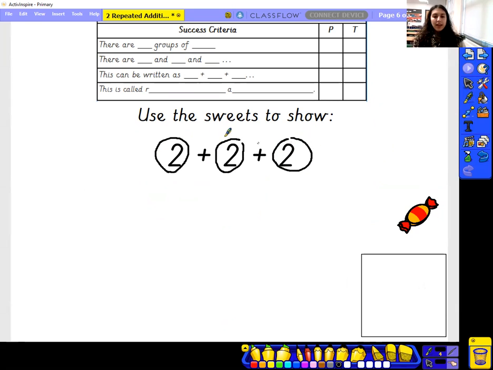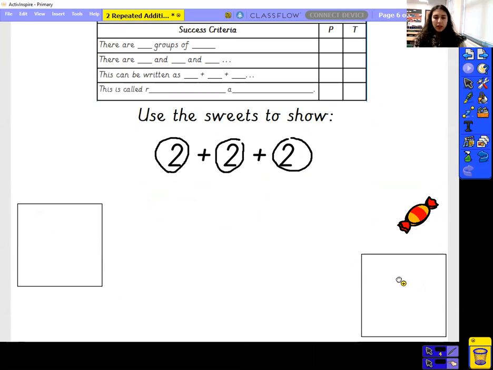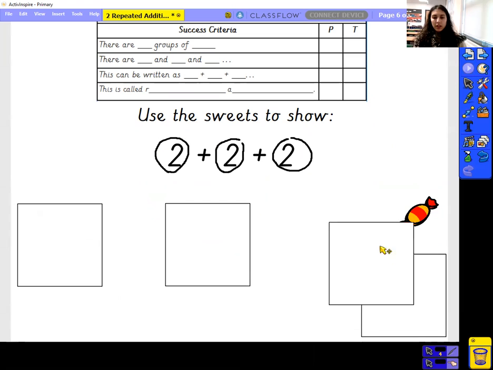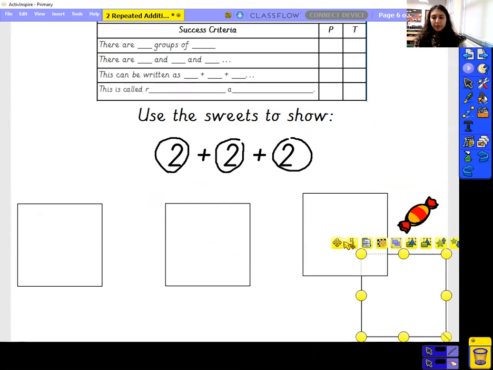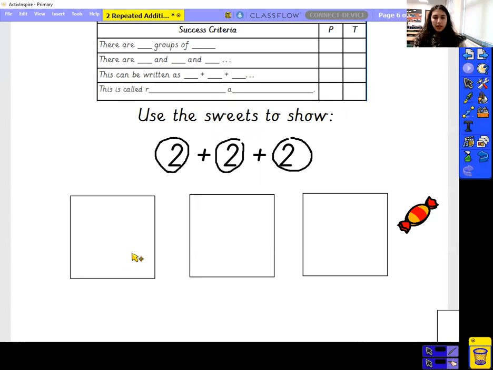So that means that I've got 3 groups. So I'm going to use these boxes to show that I've got 1, 2, 3, and hide those ones. Lovely. So I've got 2 written 3 times. So this represents one group, this represents one group, and this represents one group.